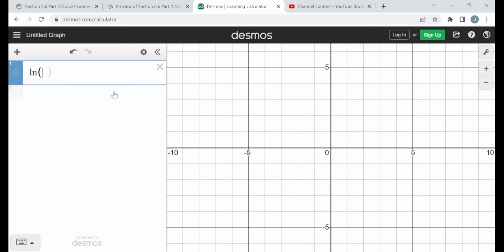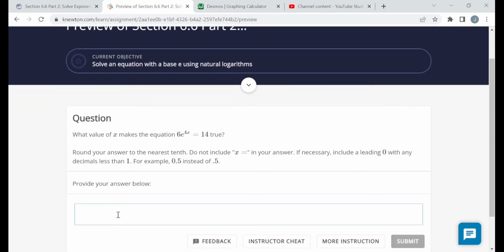So the natural log of 7/3, and then that expression divided by 4. And rounding to the nearest tenth would be 0.2. So the solution to this equation is approximately 0.2.